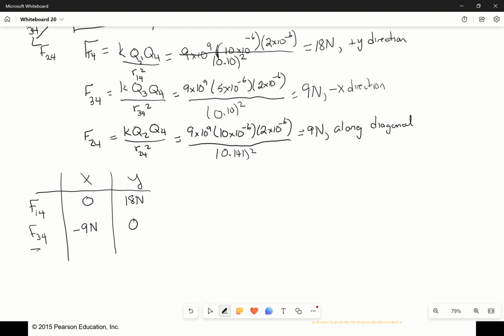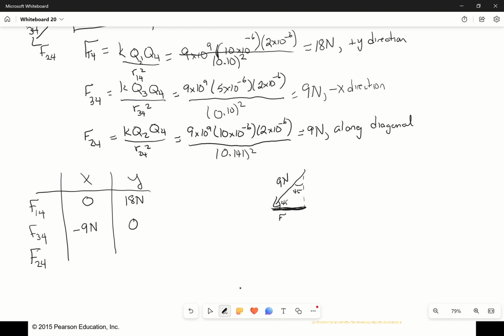And now force 2, 4, I have to break that up into a component in the x direction and a component in the y direction. So if I draw my vector, it's 9 newtons and it's the diagonal of a square. So those angles are 45 degrees. Okay, so the x component is going to be the side that's horizontal.